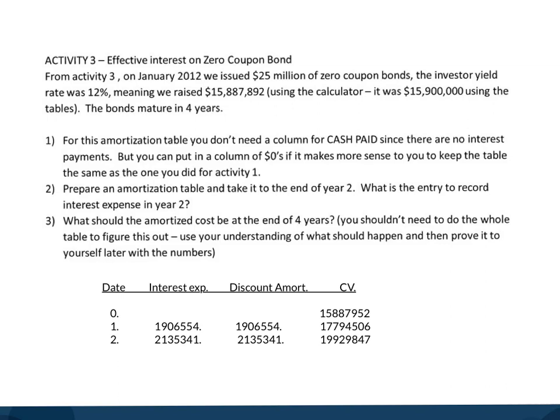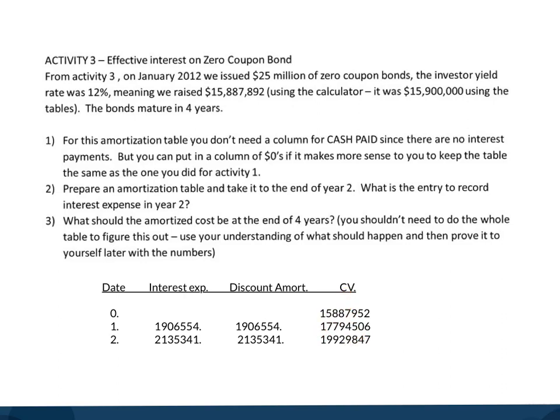The discount is still the difference. It's the difference between 0 and this number. So it's the exact same number. Okay, so the interest expense and the discount amortization are going to be the same amounts. There's no cash paid, remember? Nothing there. And so that discount is going to, remember we add it to the carrying value each time?